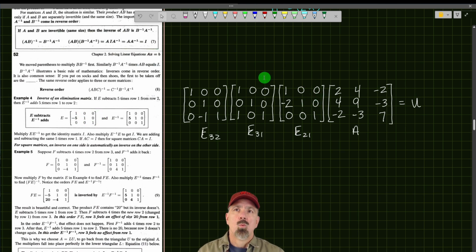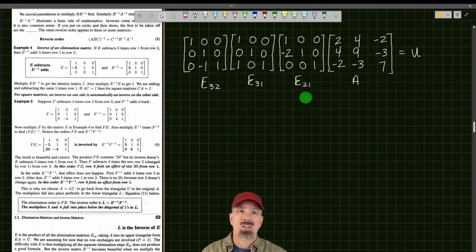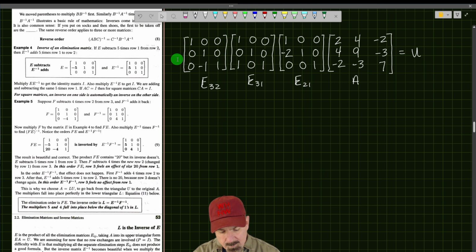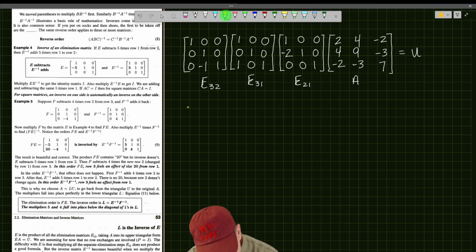What we're going to talk about now is kind of the two items that make LU decomposition so accessible to us. Think about what we're trying to do here, to undo this product. What we need to do is first left multiply by the inverse of E32. Again, the inverse is not difficult. Let me just write it down. I need to multiply by E32 inverse.